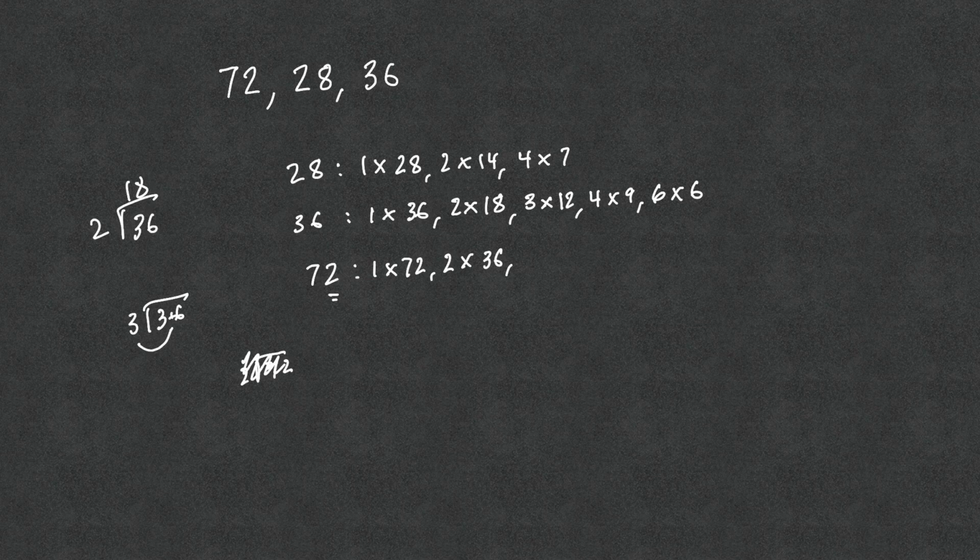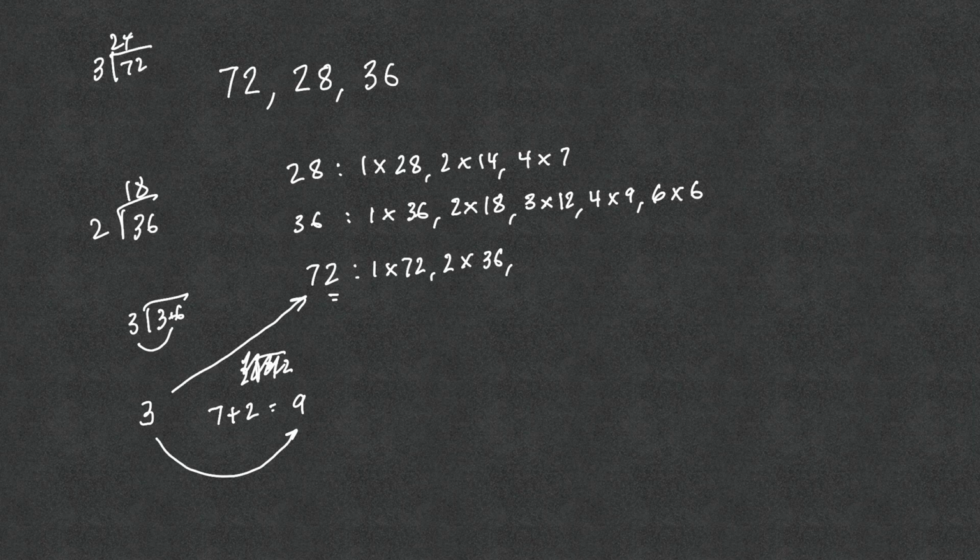Well, what is our rule for 3? If 3 goes into a number, what's that rule? Well, once we add the digits of the number 72, that's 7 plus 2 equals 9. If 3 can go into that number, then 3 can go into that number. So now you get to come off to the side here and say, oh, okay, I wonder what it is. And you do this, and you're going to get 24, by the way. So that's 3 times 24.